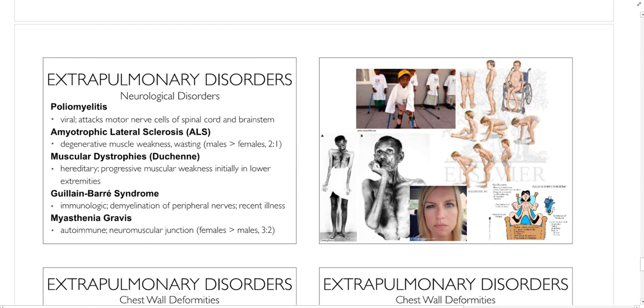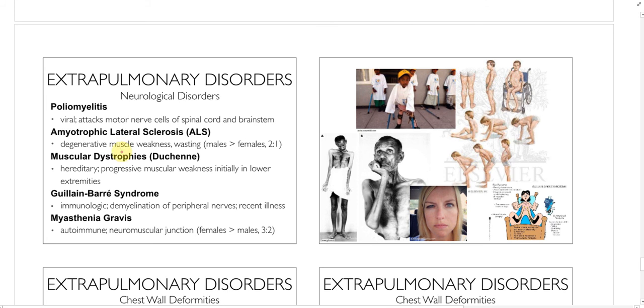So there are a number of neurological disorders that can affect a person's ability to breathe. I don't remember how much I had to know about these, but I would remember simply that poliomyelitis is about the nerve cells themselves in the brainstem and the spinal cord, which are used to produce signals that go to the lungs and the musculature to tell them to breathe.